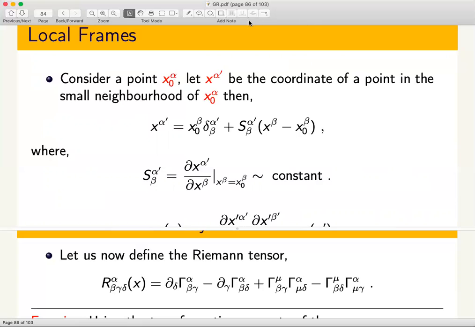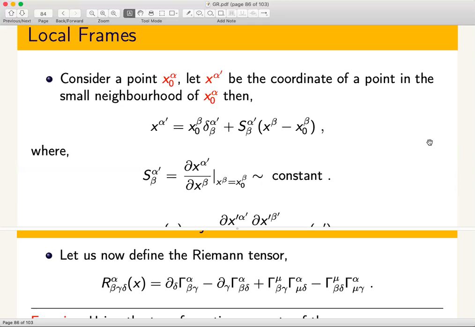Is there a question? Is the prime on the alpha or on the x? Well, I should have put a prime on the x also, but I am not putting a prime on the x because I am using the local coordinates defined at the point.